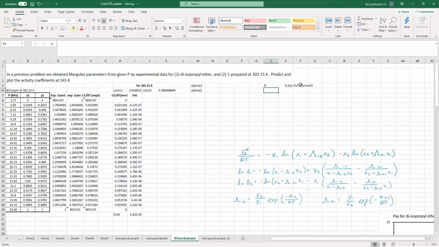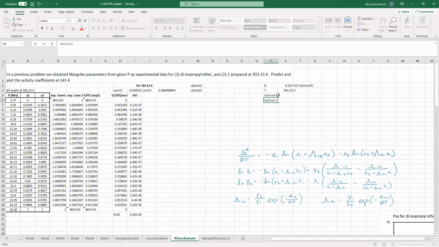Temperature is 303.15 Kelvin. I'm going to need the molar volumes as well. Molar volume for 1, which is diisopropyl ether, and molar volume for 2, which is going to be 1-propanol.